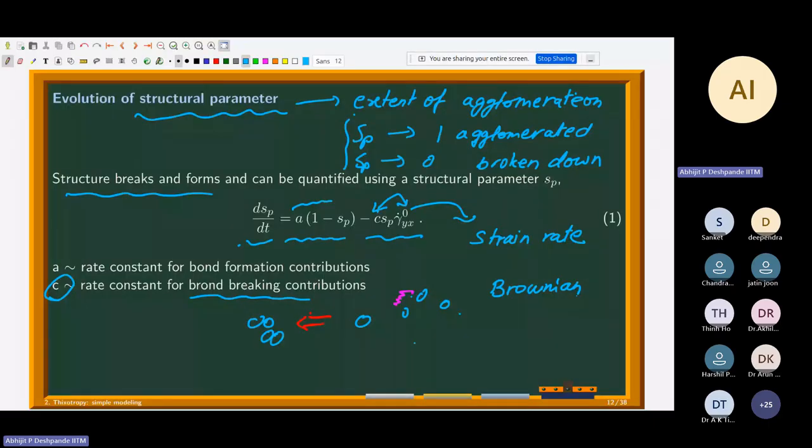So a more complicated evolution of the structure parameter can be done, and I'm just showing you a simple model which can describe these things.